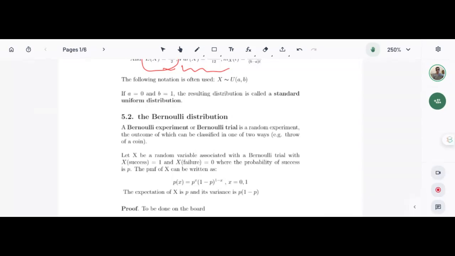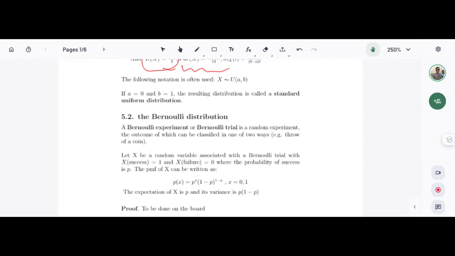If you keep repeating Bernoulli trials, the outcomes are going to be independent, right? Because the first trial's outcome does not affect the probability mass of the second trial, the second experiment, we say that these two experiments are independent.